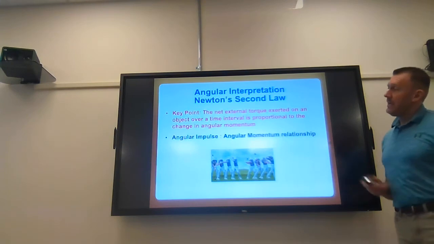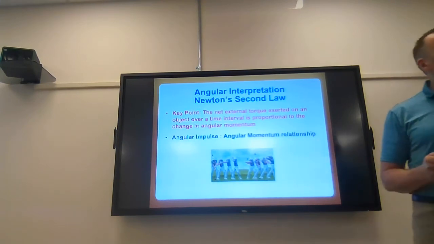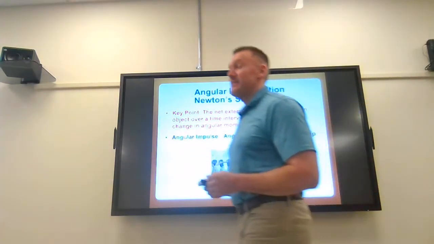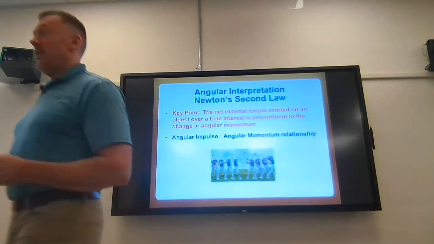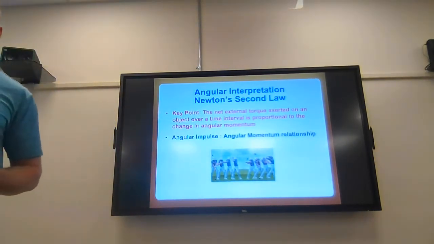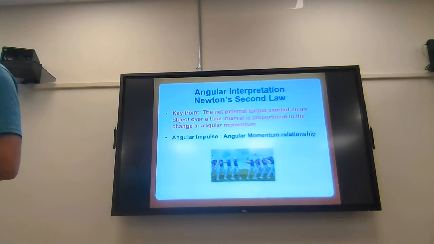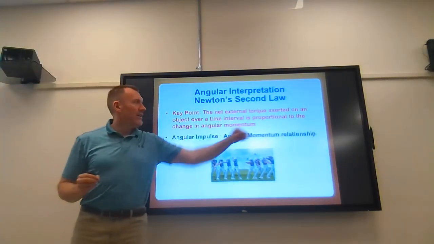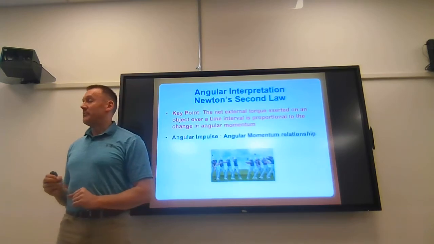So the angular impulse-momentum relationship is the same as the linear impulse-momentum relationship. It's just that, in this case, impulse is equal to a net torque applied over a period of time to cause a change in angular momentum.